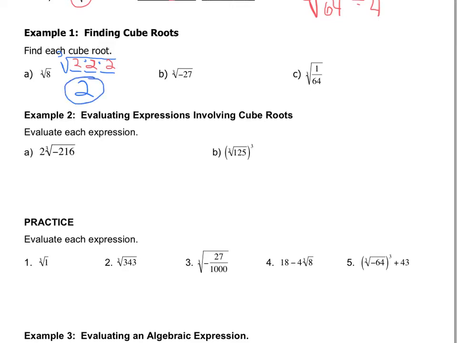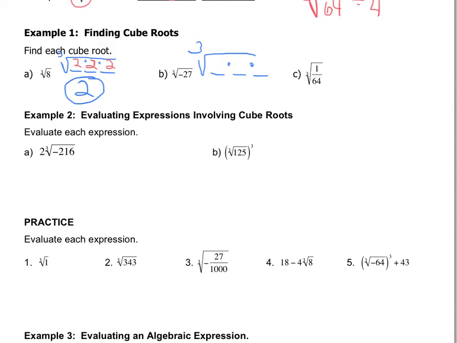Now notice this next one. We're looking for a number that times itself 3 times gives me negative 27. Now when we're trying to find the square root of a number, we can never have a negative number, because the 2 negatives make positive and the 2 positives make positive.